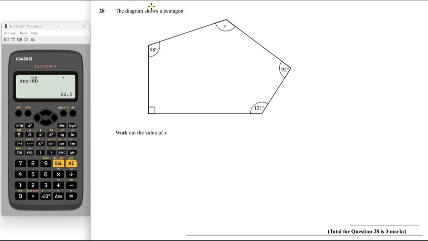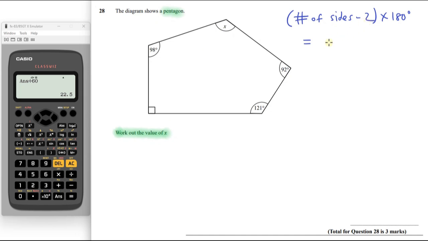Question 28. The diagram shows a pentagon. Work out the value of x. So you need to know what angles in a pentagon sum to, and there is a formula for this. It is the number of sides minus 2, and then we times that by 180 degrees. A pentagon has 5 sides. We could count this, but a pentagon has 5 sides.